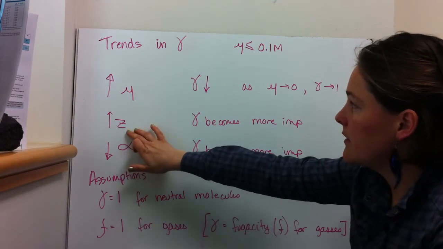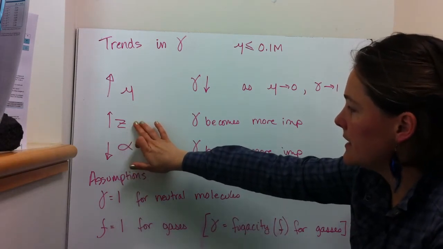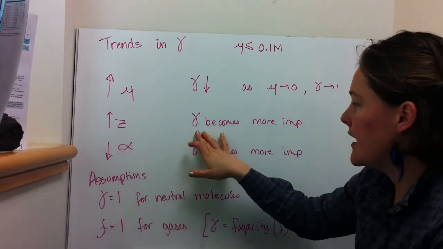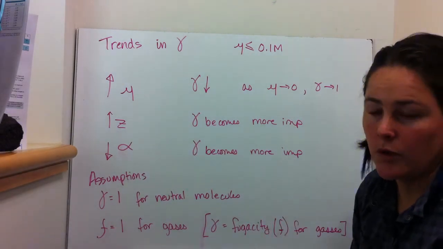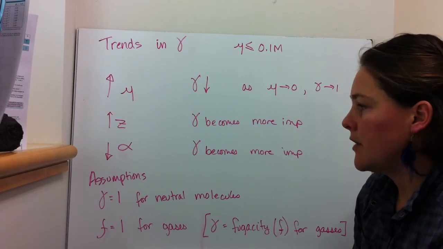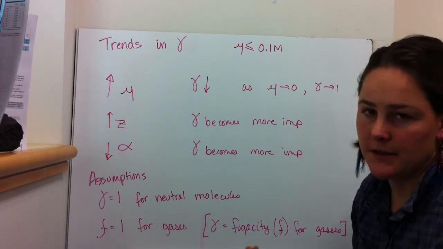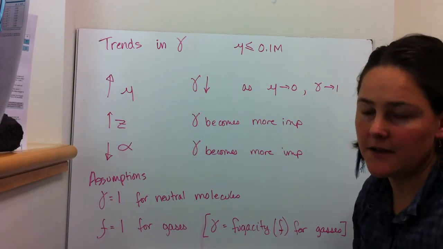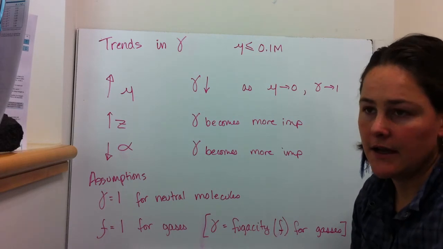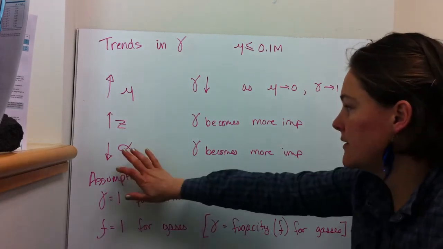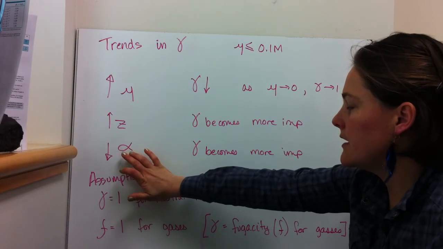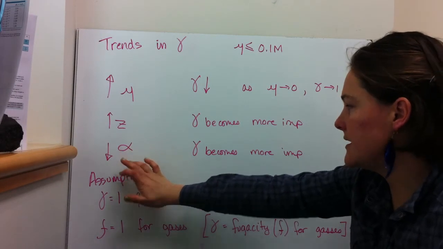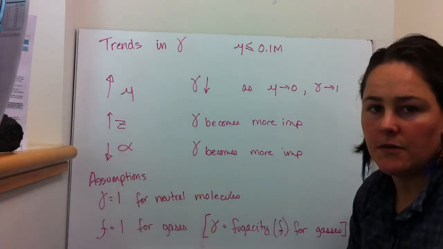Another thing is that as charge increases, the activity coefficient becomes more important. So for a monovalent species, activity coefficient is less impactful than if you had, say, aluminum-3 in solution. Another thing is about size. As size decreases, activity coefficient becomes more important.